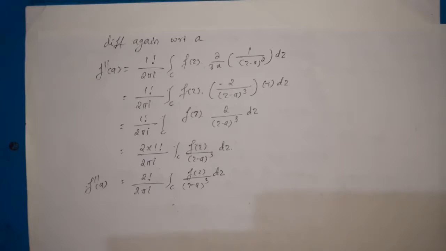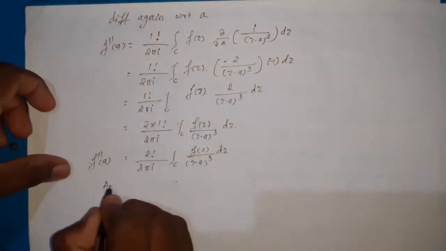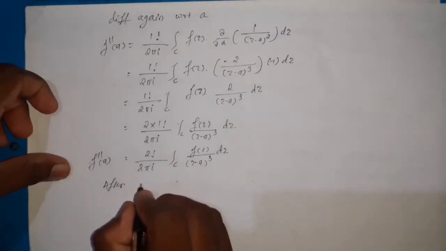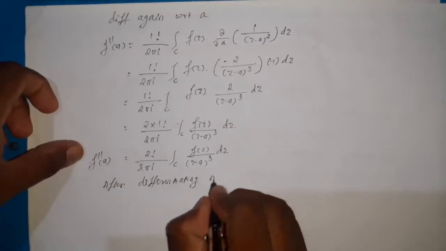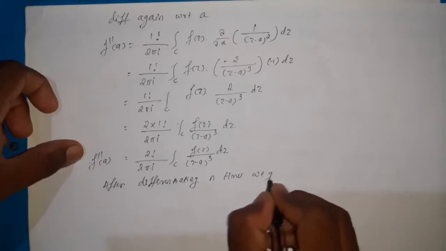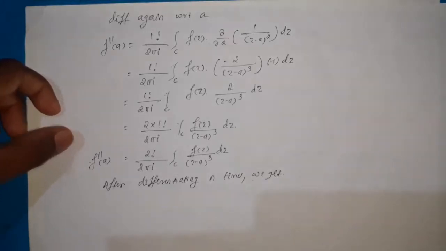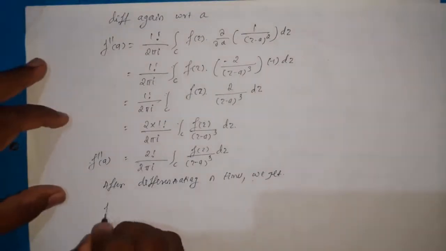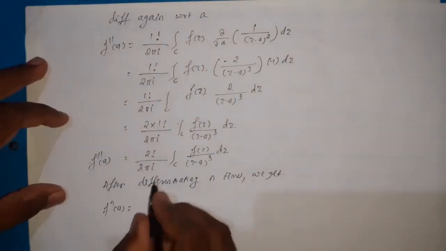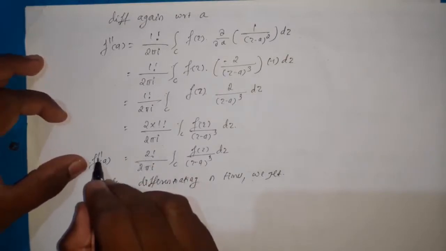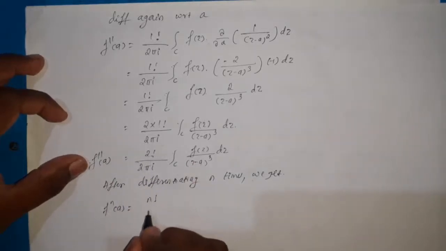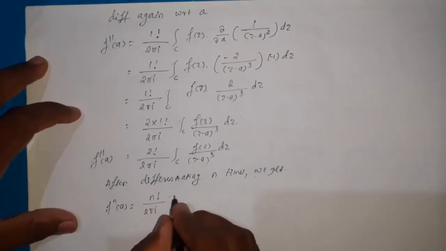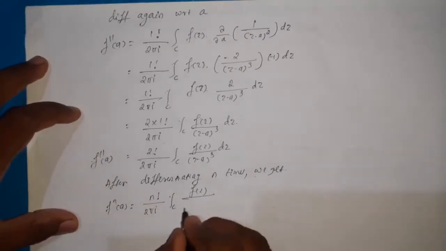So therefore after differentiating n times, we get, so here let us differentiate n times, then we will get f power n of a is equal to, so here whenever the order of f is 2 this becomes 2 factorial, so here the order of f is n, then that becomes n factorial divided by 2 pi i integration over C f of z divided by (z minus a).